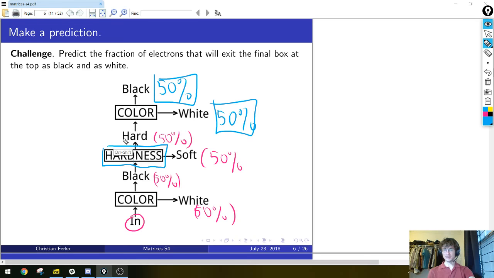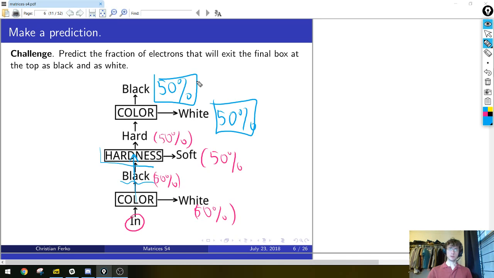This is completely startling. It in some sense means that we've somehow contaminated or disturbed the state of the electron by asking what is its hardness. In doing so, we've kind of corrupted the blackness of the electrons which were coming into the second hardness box, and now half of that output will be white rather than black.